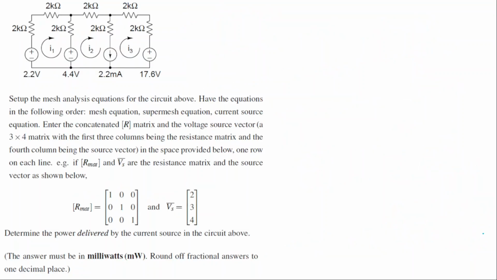Now let's move to how to write the mesh equation if there is a current source present. It doesn't matter whether it is a dependent or independent current source. If a current source is present, then there is a concept called super mesh.